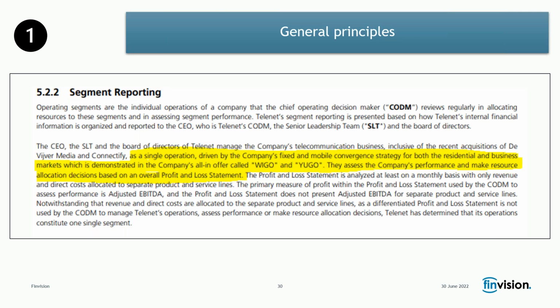It can be surprising because you could think, well, maybe they still have at least residential and business as a distinction. I'm also wondering if the chief operating decision maker does not only look at Telenet as a whole and not at residential and business and has more granularity. But that's how it's explained and how they have finally arrived at one single operation, which is the company level, the group level.